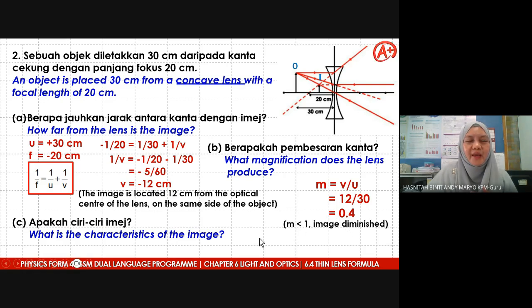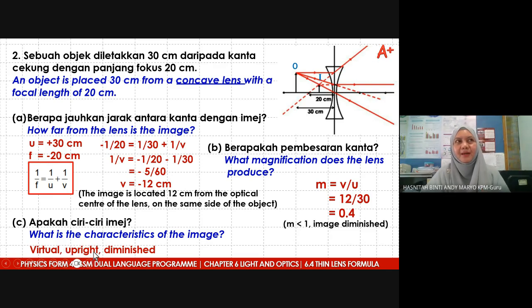So from here, we can write the characteristics of the image: virtual, upright, diminished. From the calculation, V is negative, so we understand it is virtual. From the magnification, we understand the image is diminished because it is less than 1. How do we know the image is upright?